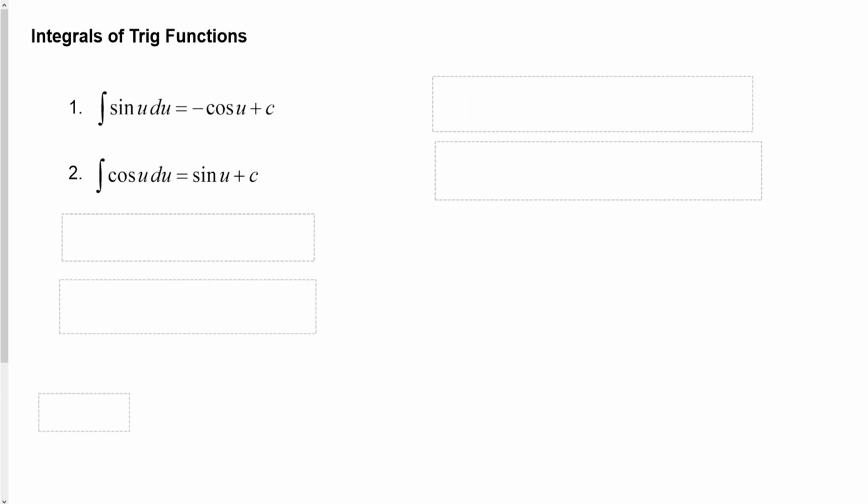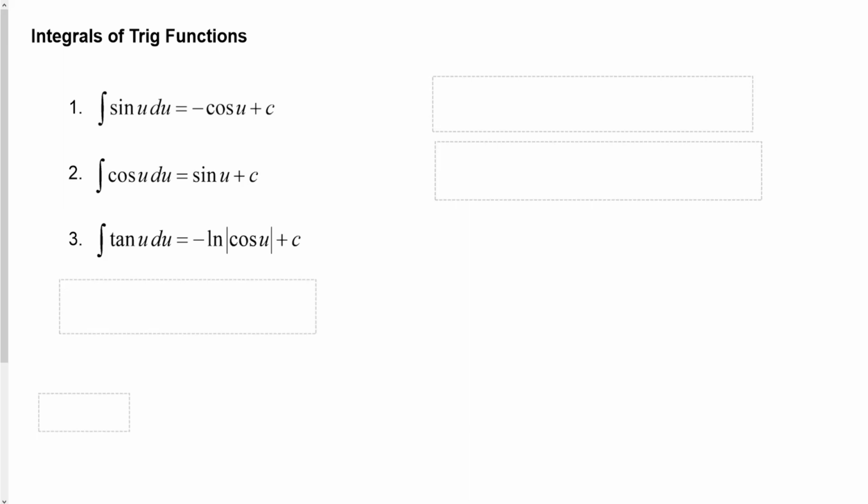We know those integrals. But we need to establish these rules, like the integral of tangent is negative natural log of absolute cosine plus c, which on first inspection you might be thinking, where in the world does that come from? Well, I'll show you a proof, and it's actually not that strange.